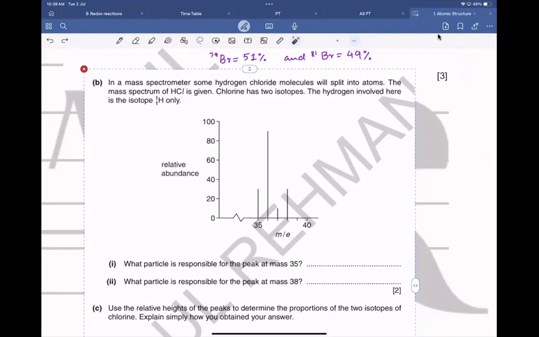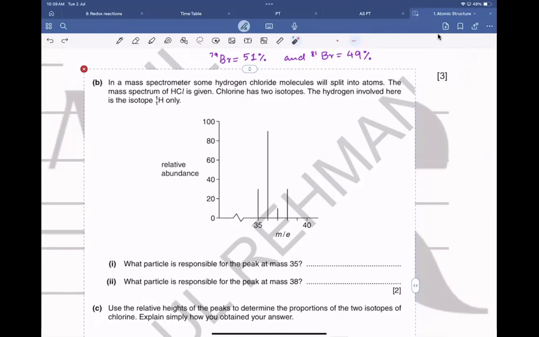Very good. If you read the above statement, they have told you there is a compound HCl that is analyzed. And they have mentioned further that some hydrogen chloride molecules were split into atoms, right? So it means that some of the HCl molecules stay as HCl and some split into atoms.